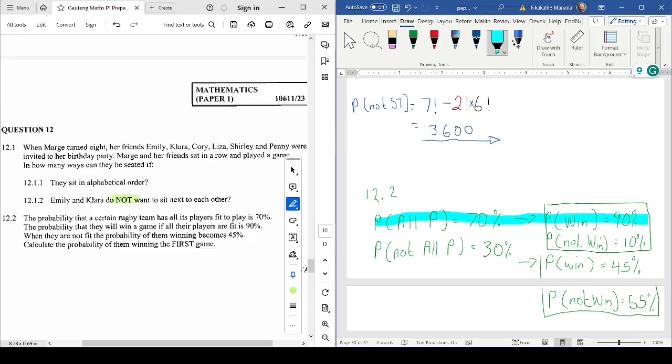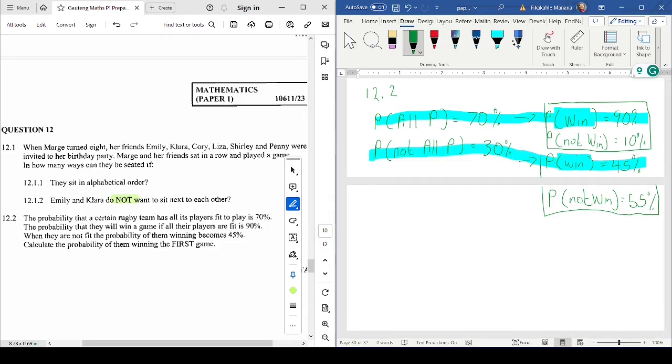If all are fit, they win 90%. But also, you can see this is the other path that we can follow. They also win there. You see, they win. Win, win. Just like a tree diagram. This is actually a tree diagram, if I'm honest. It's just I put it strangely right now, but it is a tree diagram.